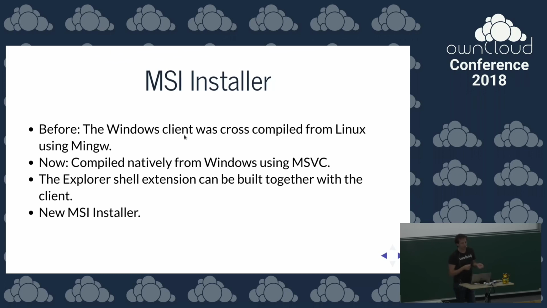The MSI installer is more or less the standard on Windows to install things, so there are a few more features. There will be a talk tomorrow about exactly what this means for you. This doesn't look like a big change, but it actually is so much work for the people involved. So yeah.